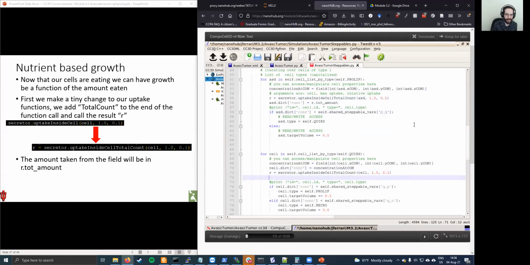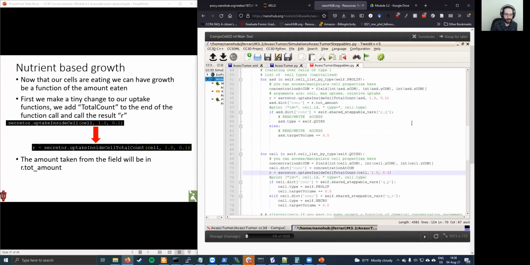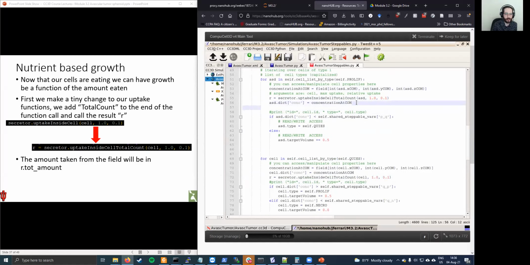And so instead of leave this here, what I'm going to do instead is create a new cell dictionary, and I'm going to call it something else. I'm going to call it upt for uptake. And this one, I'm going to have r.total count.